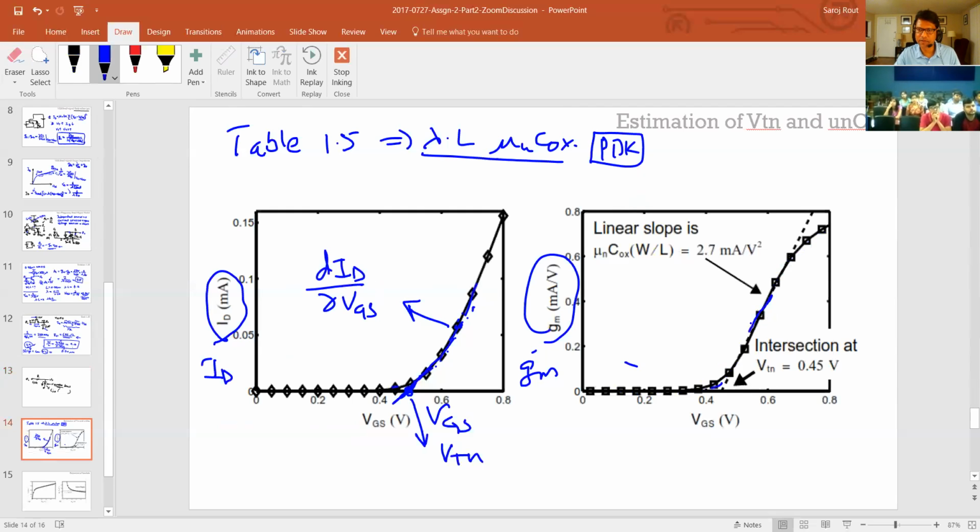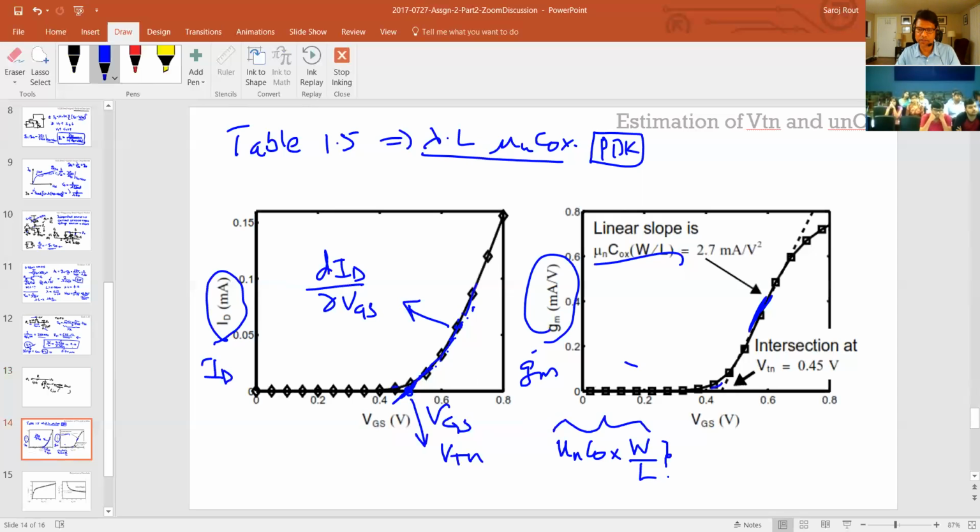Now, this slope is nothing but mu n Cox W over L, right? Because in your ID equation, you had mu n Cox W over L times the VGS part of it, which means that if you take the slope at every point, then the constant will be this factor.